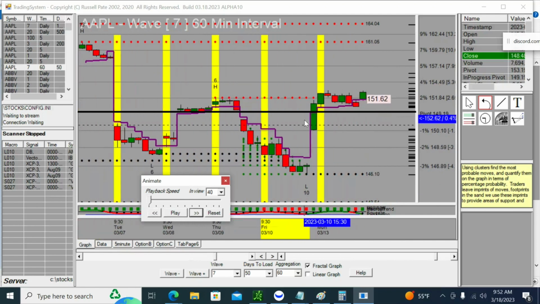I have this thing too, it does auto trading. Sometimes I'll set up the auto trading, so I'll be like, oh, buy the position. That way, if I'm working on something and I'm not really paying attention, it'll go ahead and get me in the position. And then from there, I can start to manage it.